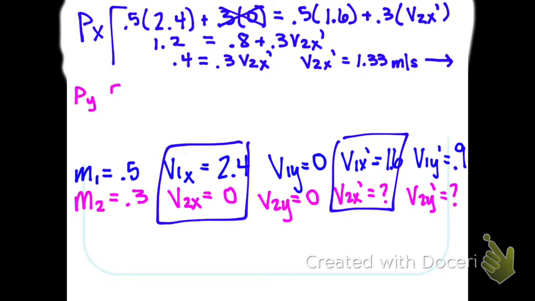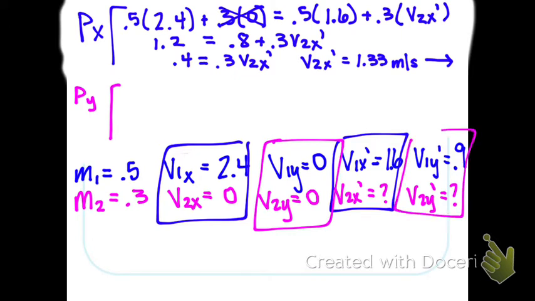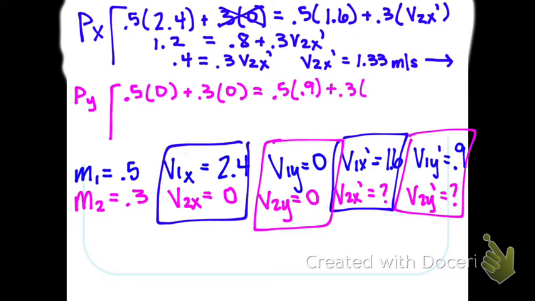I use P just because that's the variable for momentum. And we're going to use the same equations, but now we're going to be looking at our Y variables. So this is M1 times V1Y plus M2 times V2Y equals M1 times V1Y prime plus M2 times V2Y prime.